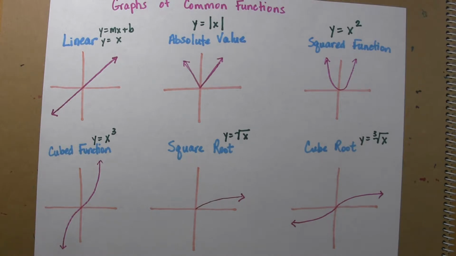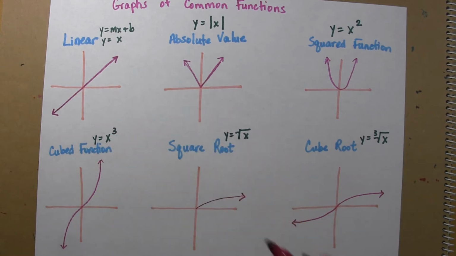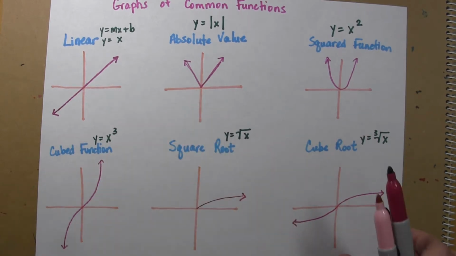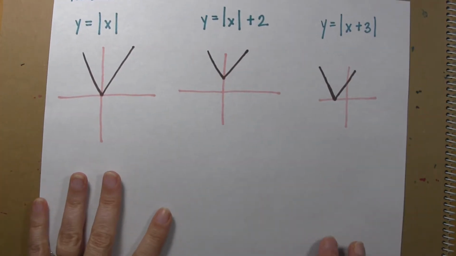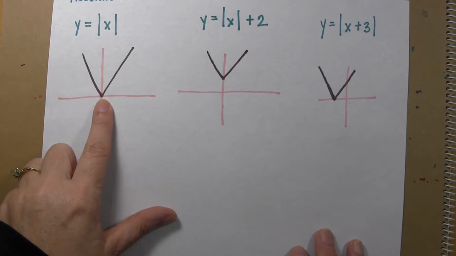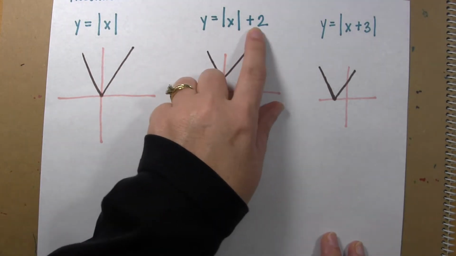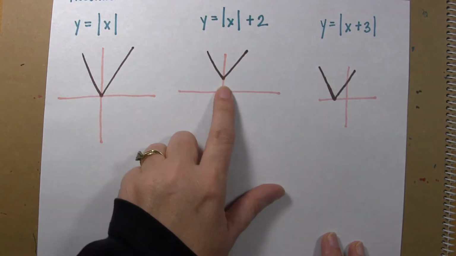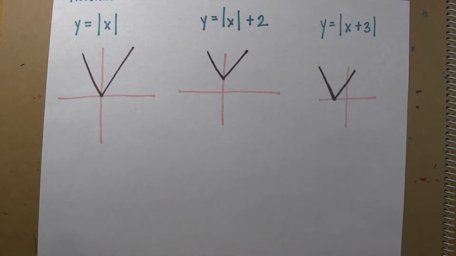Now, let me give you some more examples. So let's look for a minute at this absolute value function right here. Whenever we see absolute value, we're going to be expecting to see some sort of V shape. And what I have here is 3 functions for you. I have y equals the absolute value of x, and that's just our regular V. Here I have y equals the absolute value of x plus 2, which is still a V, although it's in a different spot on the graph.